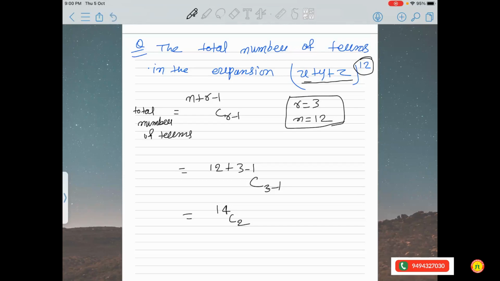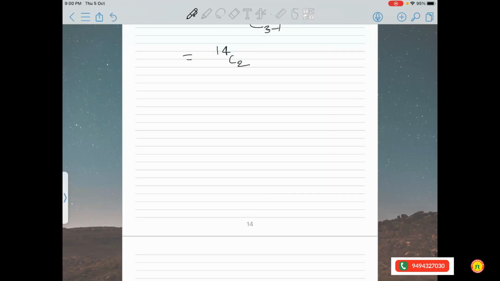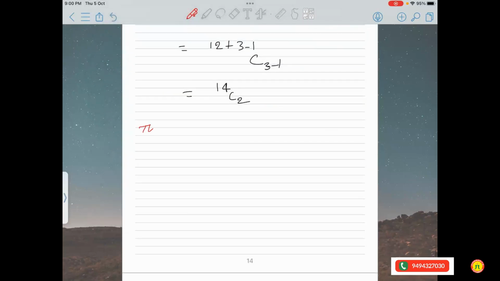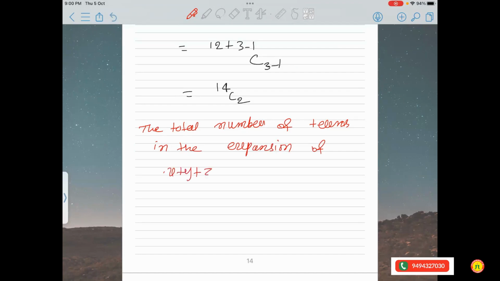Got it? Now a different question: in the expansion of x plus y plus z plus 3w plus 4p to the power 15, the total number of terms will be what?